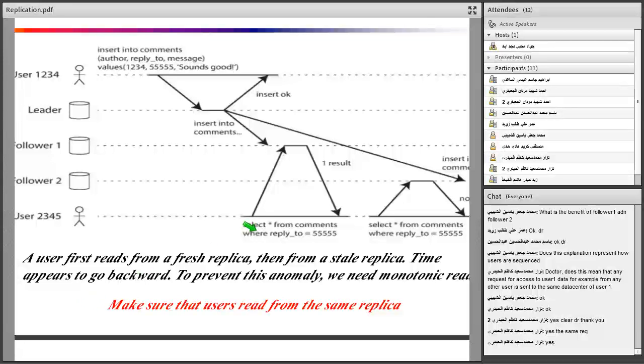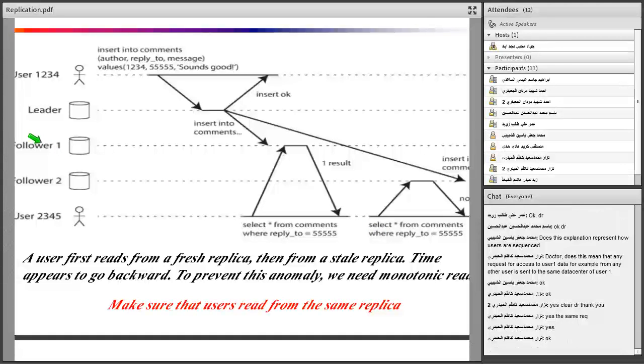In this technique, the unique request should be sent to one follower, not two different followers. This is the method presented for monotonic read. Okay, can you get it?